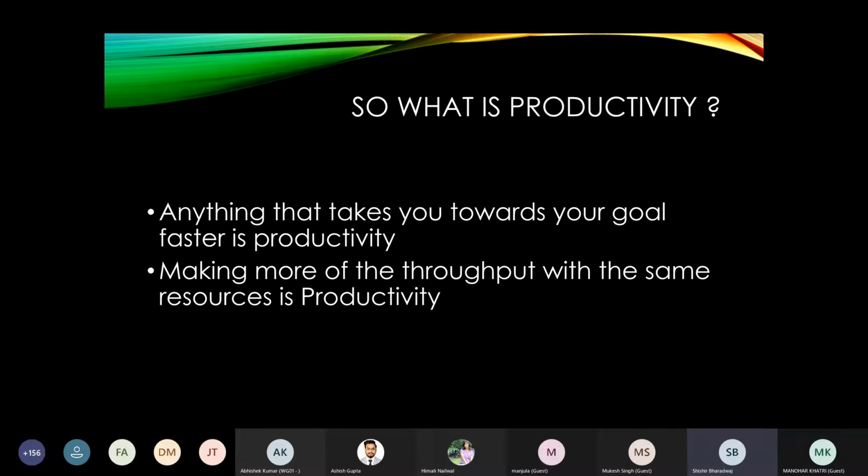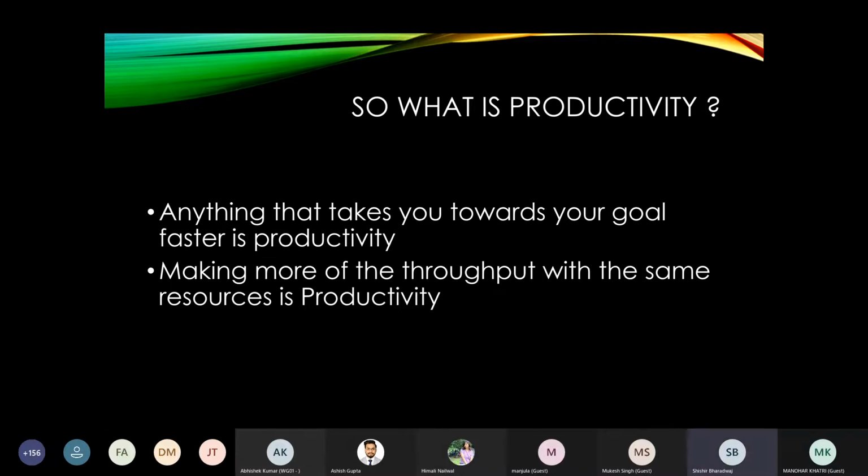And if you keep increasing throughput while keeping your resources at the same level, that is called productivity increase. Many people say my local efficiency has gone up and they call it productivity. No, there's only one definition, which I've given here: anything that takes you towards your goal faster is productivity.